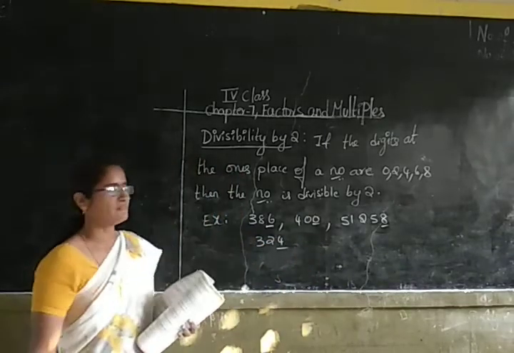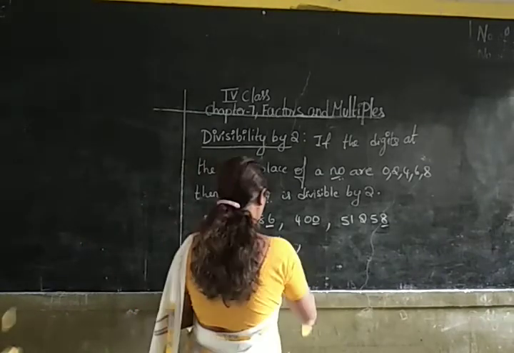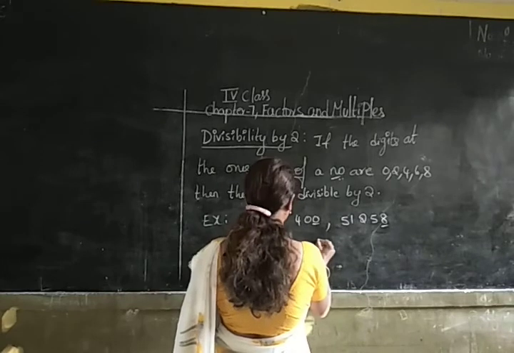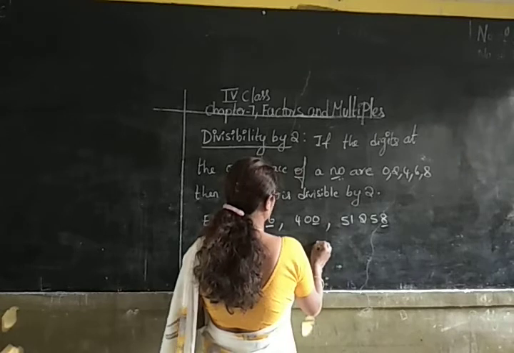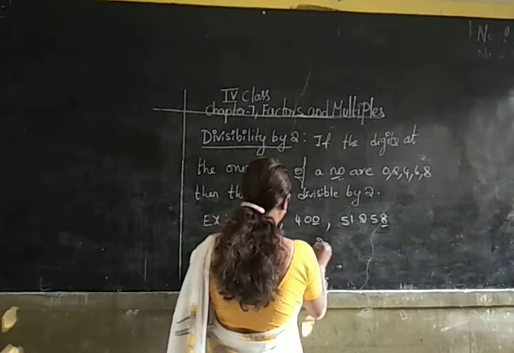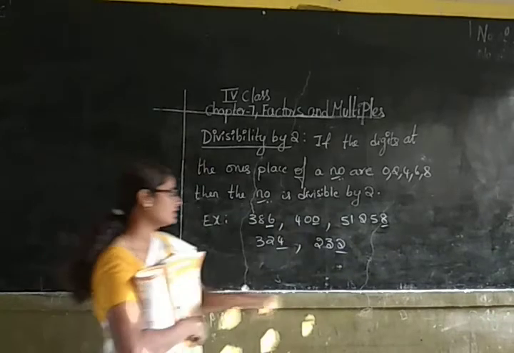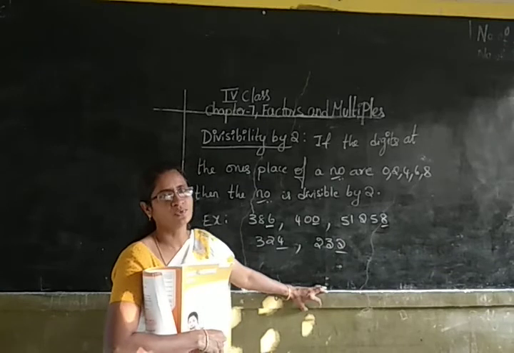Here the number has 4 at its ones place. So this number is divisible by 2. Let us take one more example, 232. Here the number has 2 at its ones place. So this number is divisible by 2.